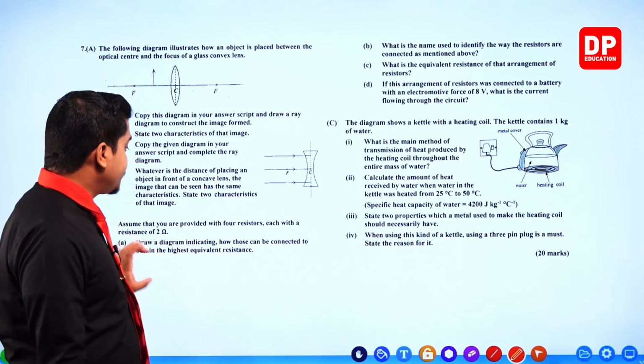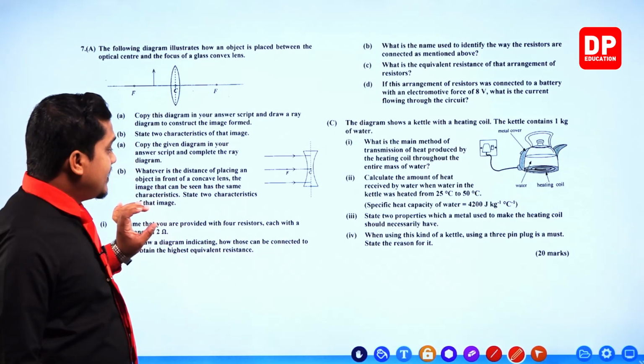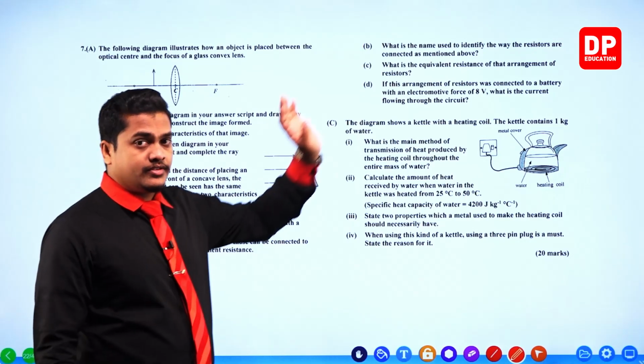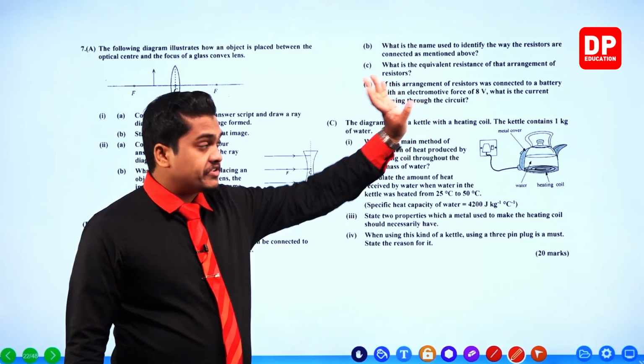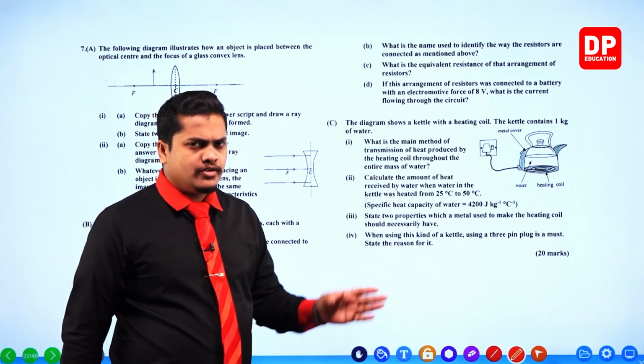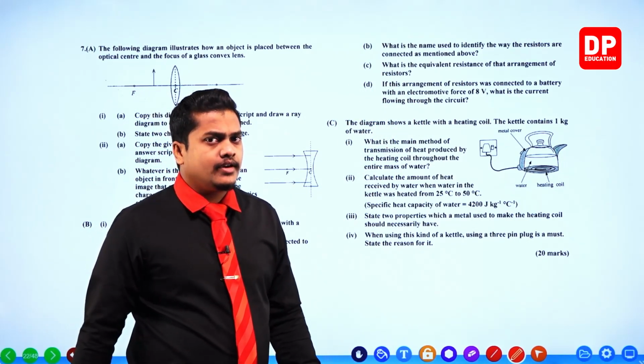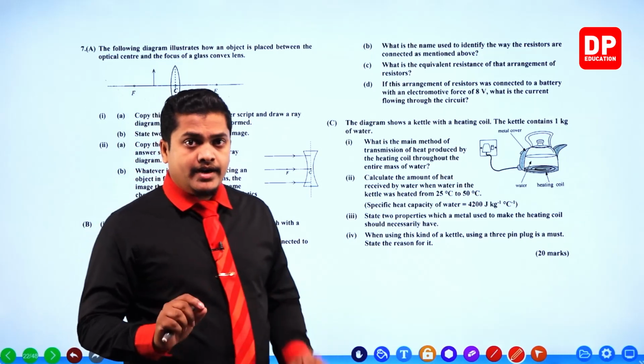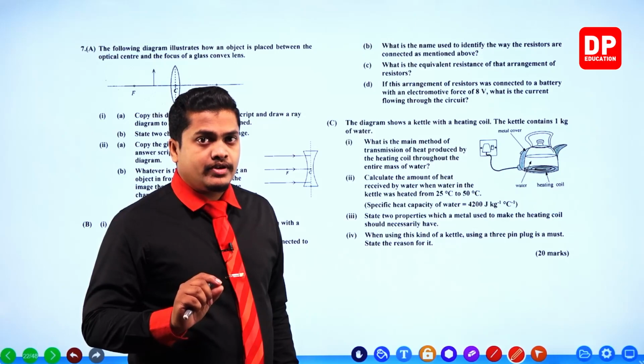Then after that, you are given certain types of resistors, and a question related to the voltage and finding out the current over there.